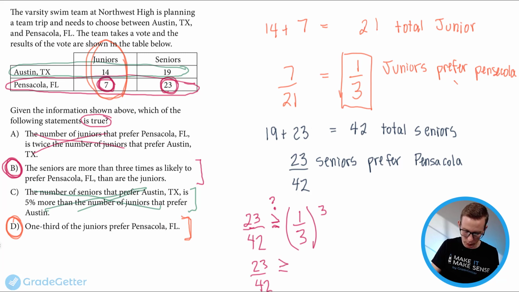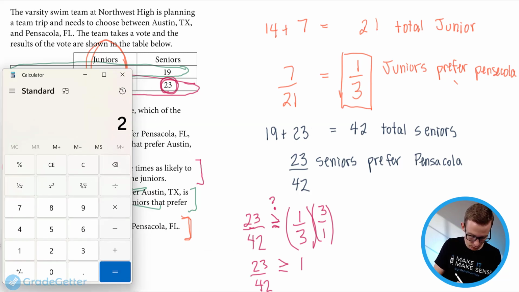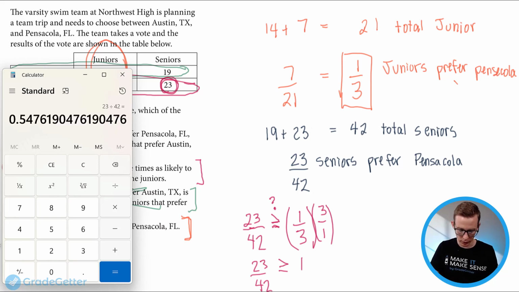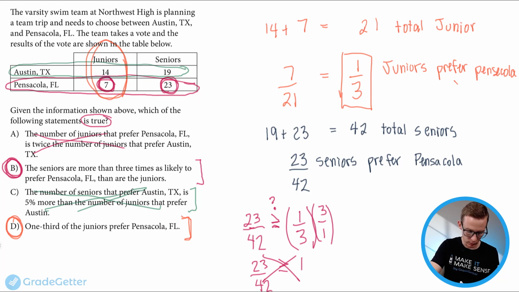Is that greater than or equal to 1 over 3 times 3, which is just 1? So is this true? And no, 23 over 42 is smaller than 1. 23 divided by 42, right? It's 0.54. So this is not true actually, which means I was wrong about B. B is not correct, because I wasn't taking into account all of the seniors, like how many seniors prefer Pensacola, and comparing that to how many juniors prefer Pensacola. So our real correct answer should be D.